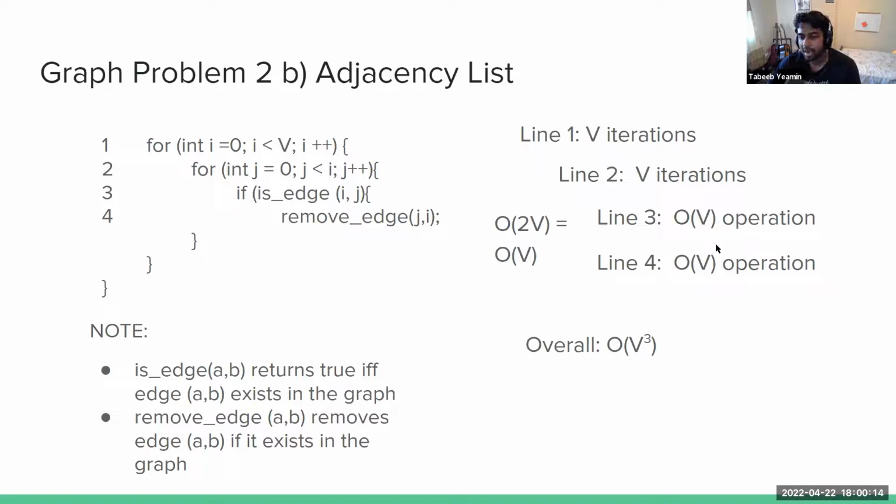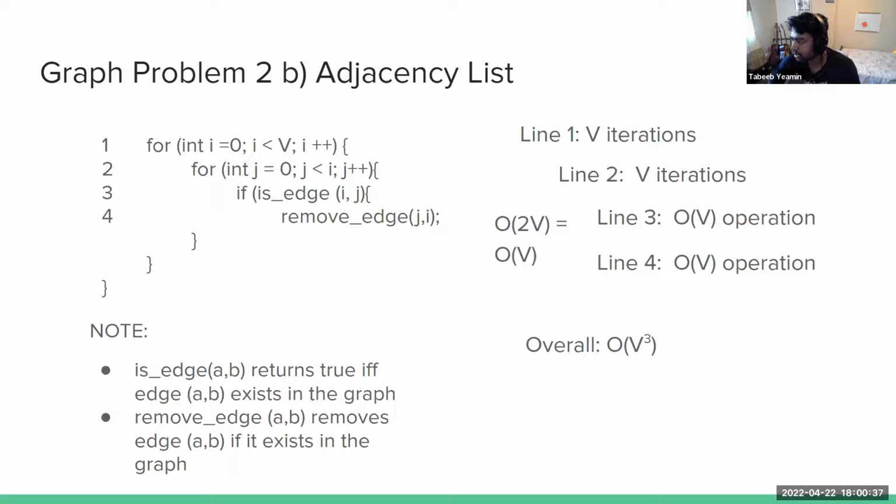It's because these operations happen sequentially. They don't happen within each other. So for each of V iterations, you're not doing a check inside. You're basically going through the whole thing V times, and then you're going through the whole thing V times again.